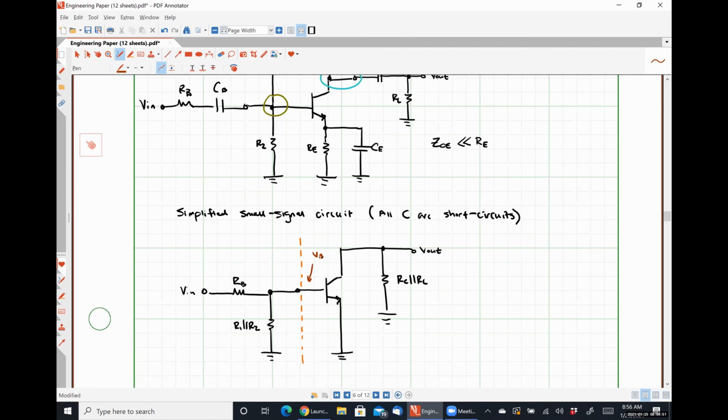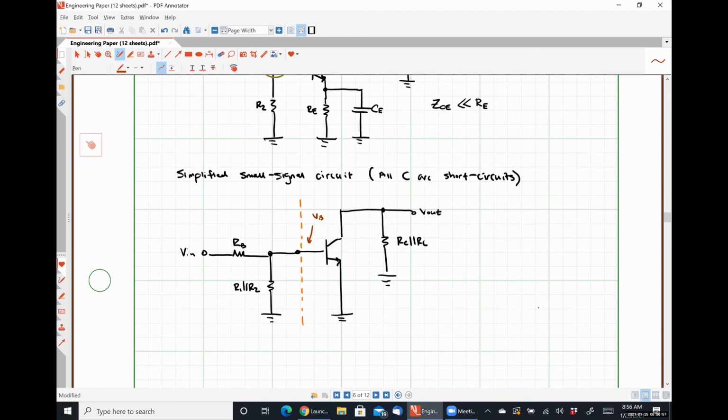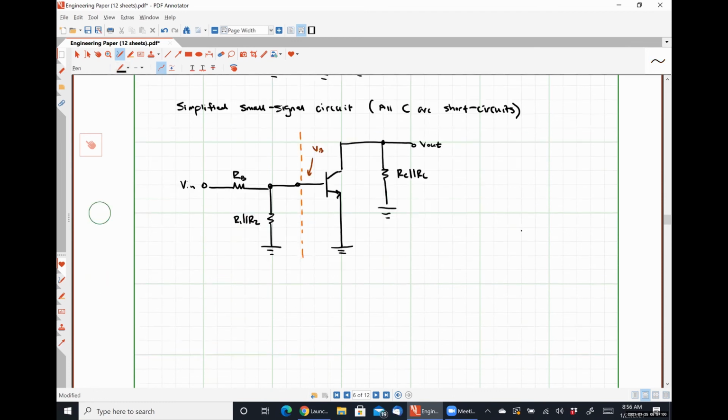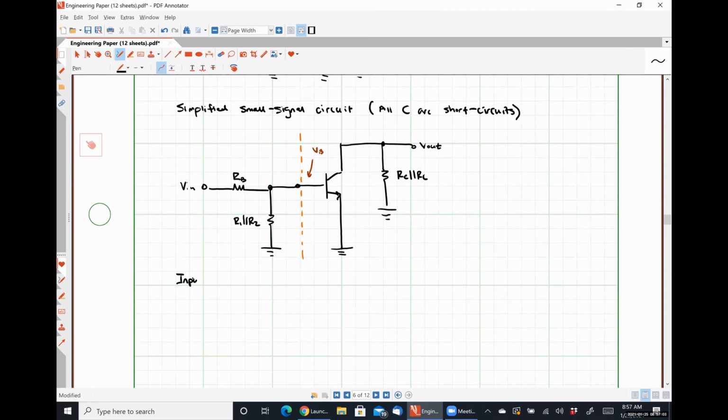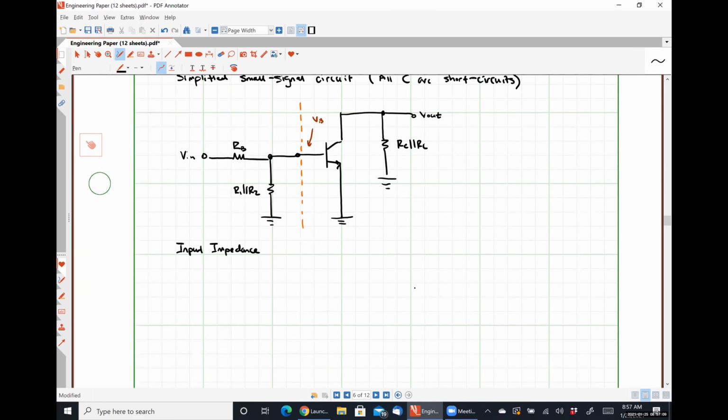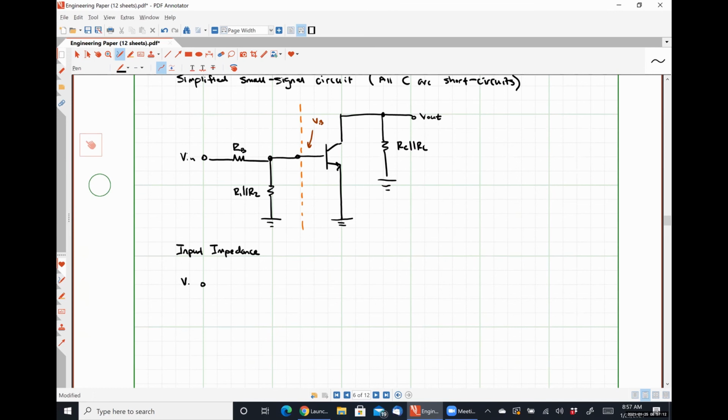All right. So let's figure out what our input impedance is going to be. Here I have my voltage Vin, RB. Here's R1 in parallel with R2. This is my node point where I have a voltage VB.